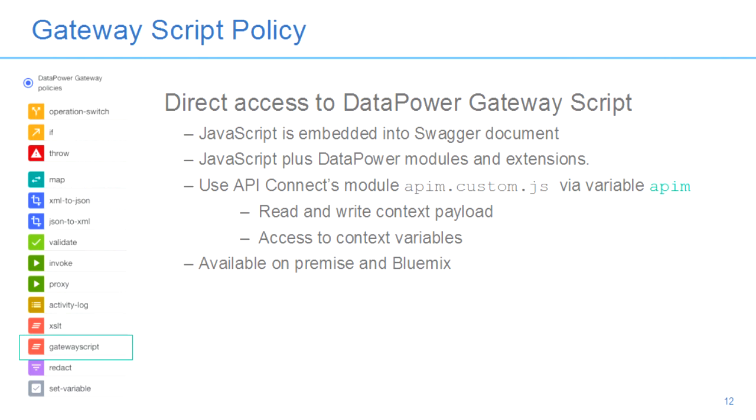There has been some discussion prior to release, but I'm happy to say that we are going to support the gateway script policy also in the Bluemix offering. So it's not going to be on-premise only, but it's not going to be the exact same support.